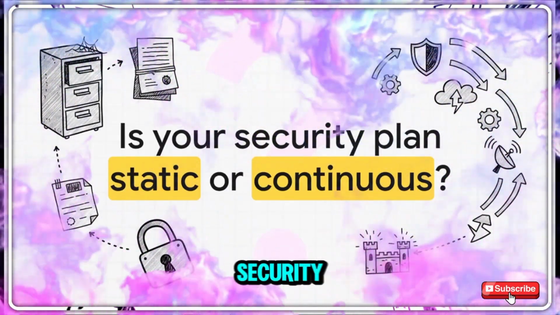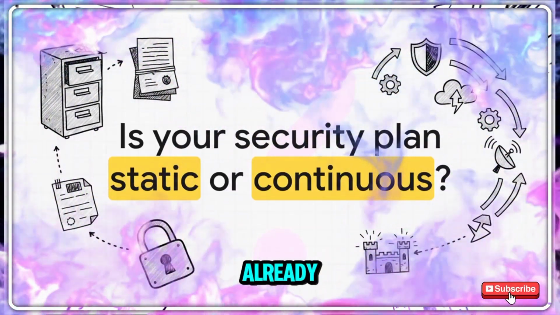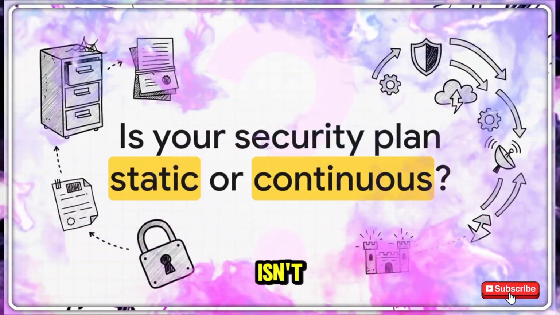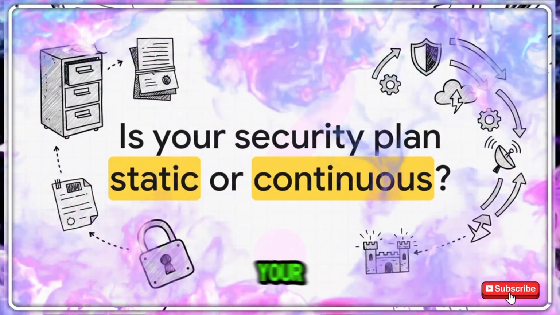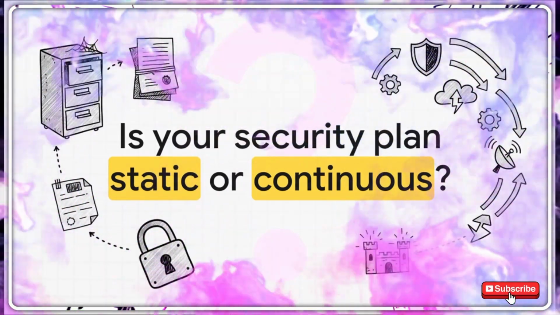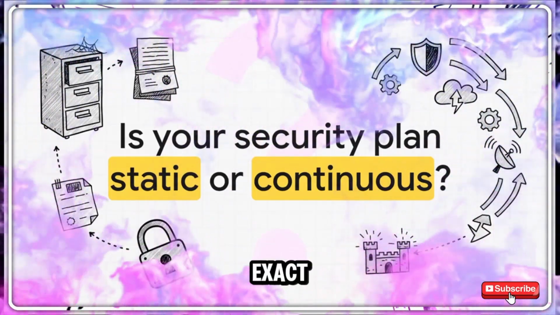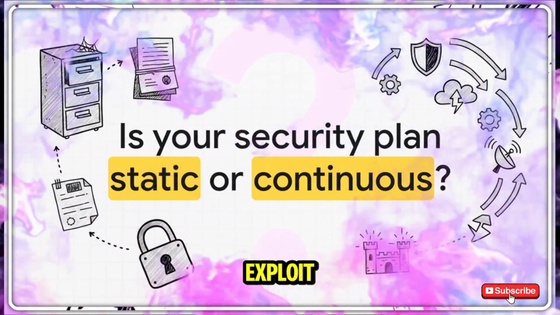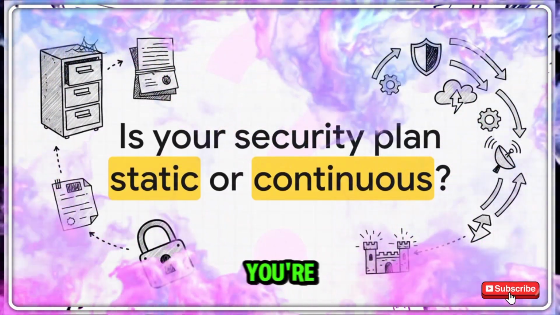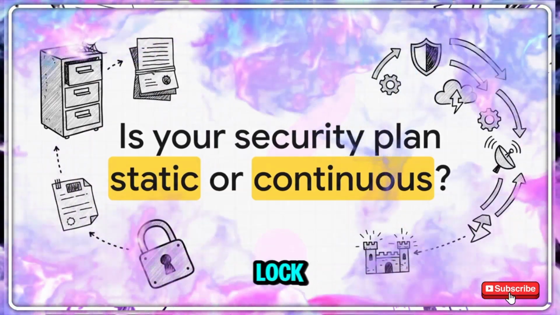Look, if you view security merely as a one-time compliance box to check off, you're already operating at a severe disadvantage. The threat landscape simply isn't static, right? And therefore, your defense architecture literally cannot be static either. The implicit assumption that compliance equals security is the exact gap that threat actors exploit. If your plan only exists to satisfy an auditor, well, you're essentially leaving the back door wide open and just hoping nobody checks the lock.